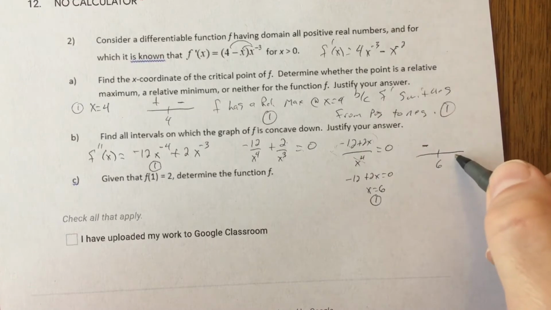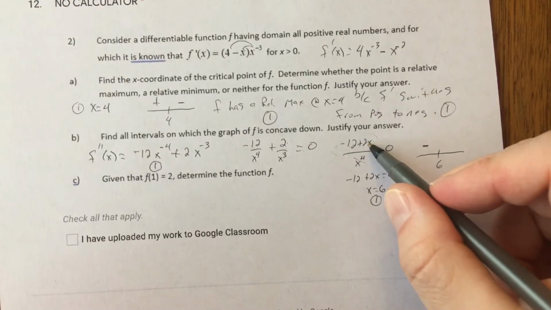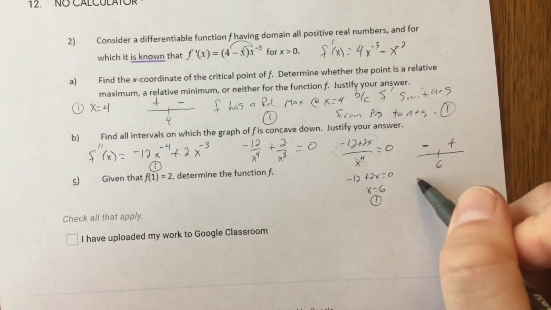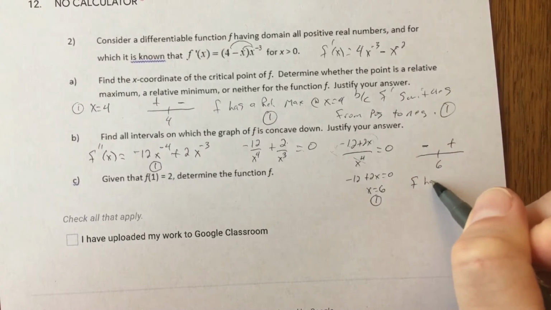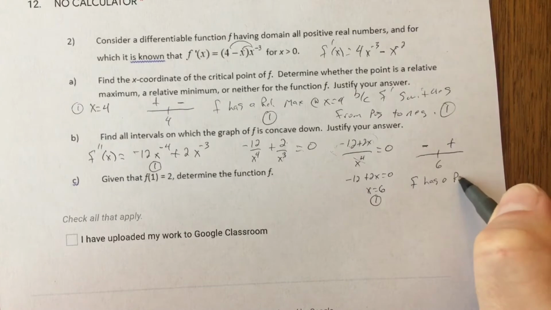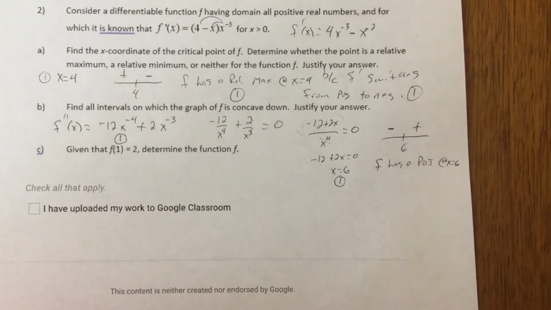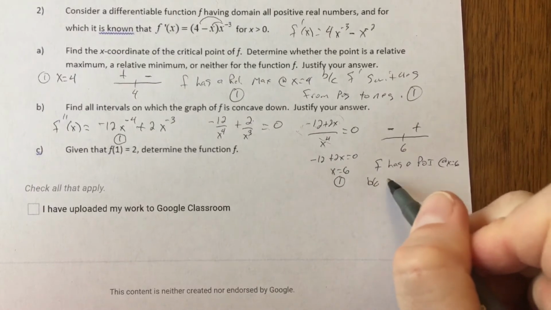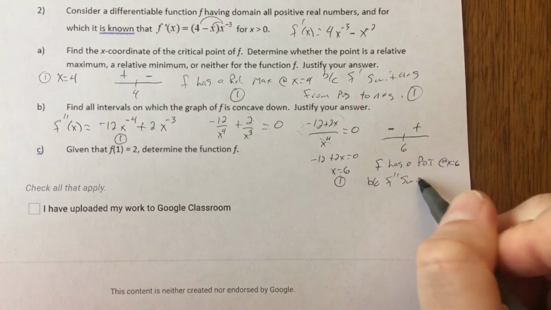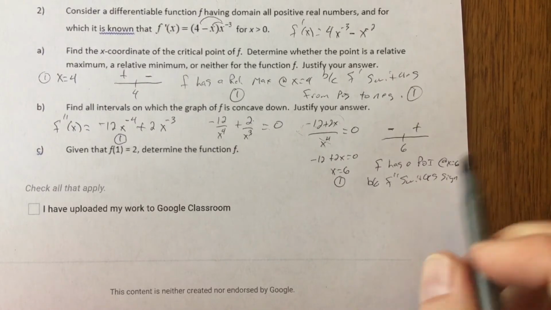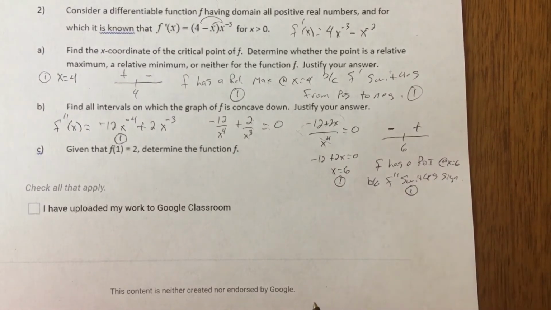If I were to put something bigger, say 10 in, I'm going to get 8 over, that's going to be a positive. So indeed, f has a point of inflection at x equals 6 because f double prime switches sign. And that would be a point for the explanation.